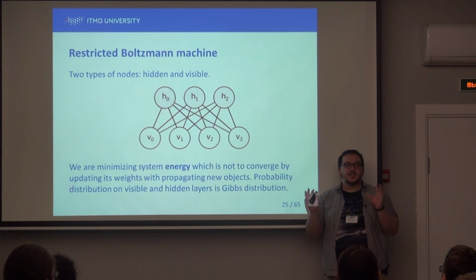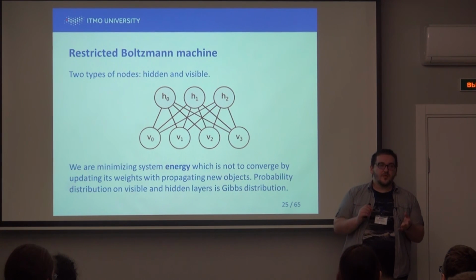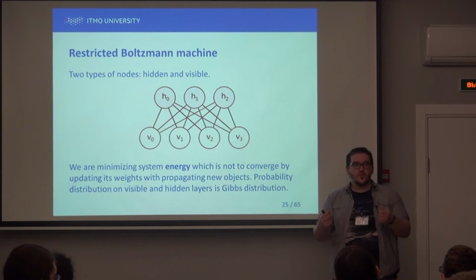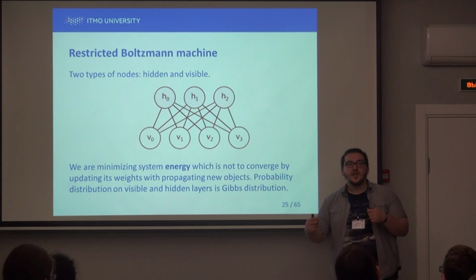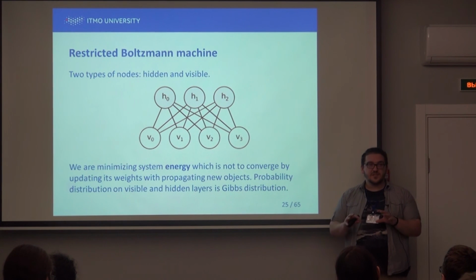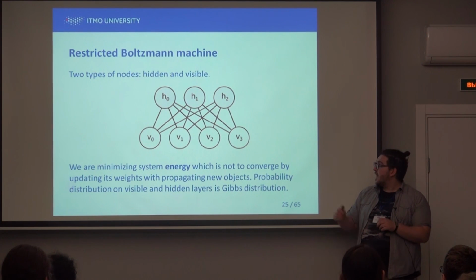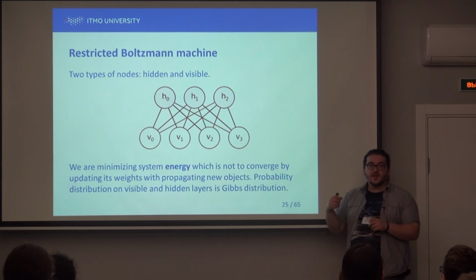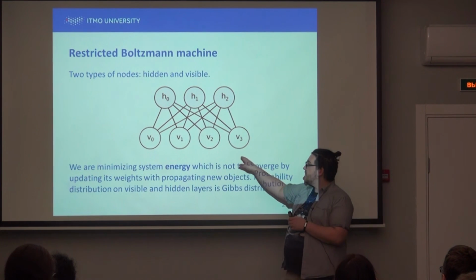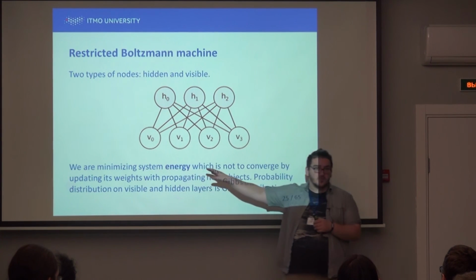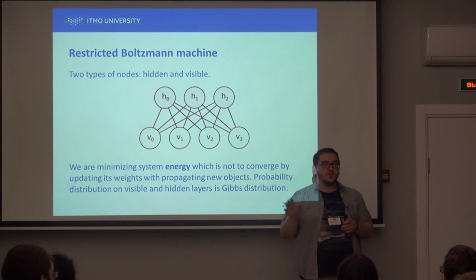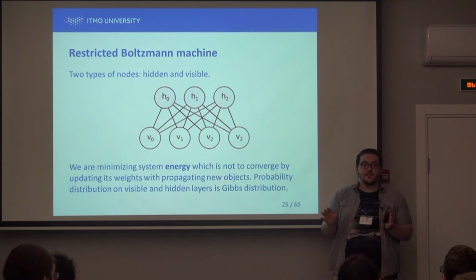So a Boltzmann machine is a type of graphical model in which we suppose that we have variables and hidden variables, or explanatory variables, which have certain dependencies among them. And we can see only some of the variables. Hidden variables are not available in data. We simply don't see them.